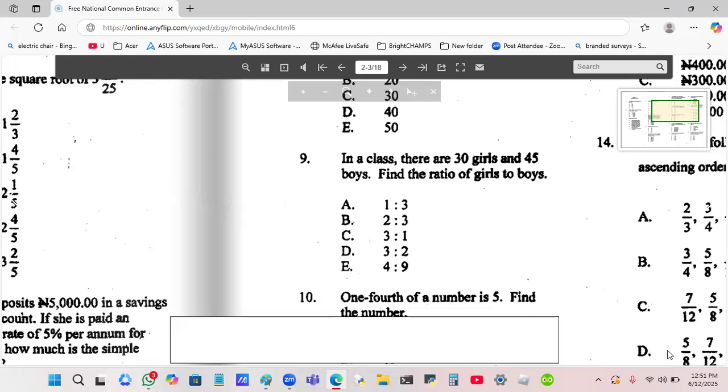You said division. That's your final answer.